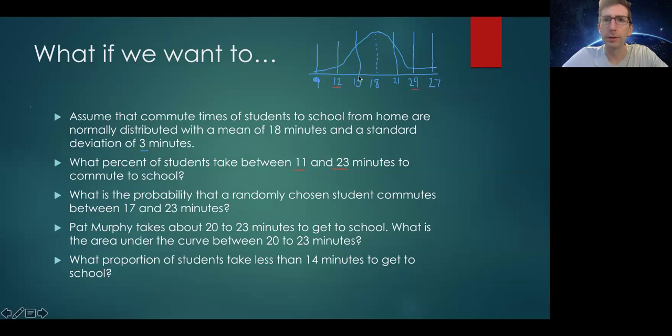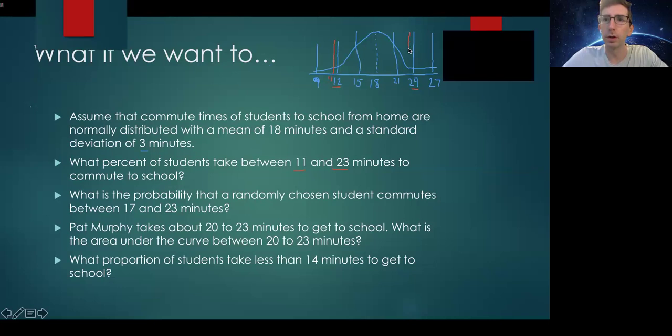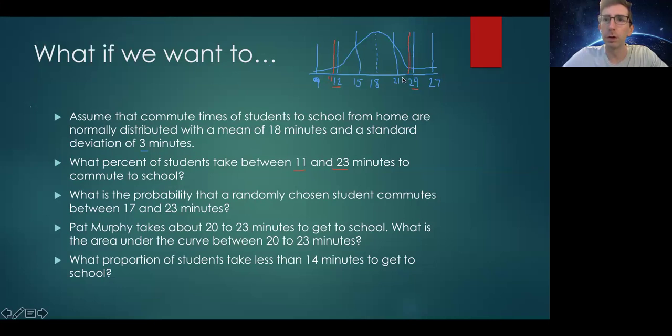So 11 is just a little less than 12. So it would be somewhere right around here, between 9 and 12, much closer to 12. This would be our 11 that the question is asking us for. And 23 would be in between 21 and 24, right? Just under 24. This is the 23 that we're asked for.